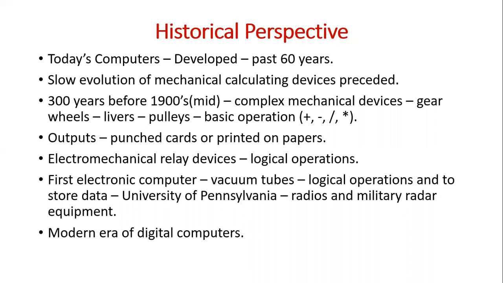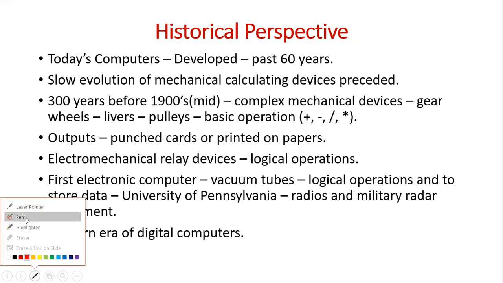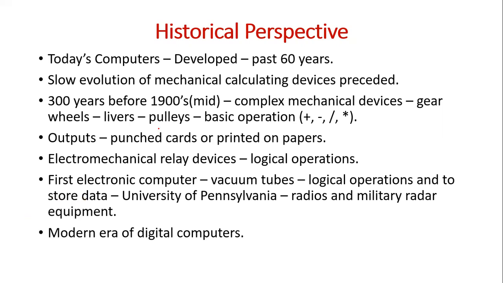So in the mid 1960s, complex mechanical devices, which include gear wheels, levers, and pulleys, were constructed with these basic parts, and they were used to perform basic arithmetic operations like addition, multiplication, subtraction and division.